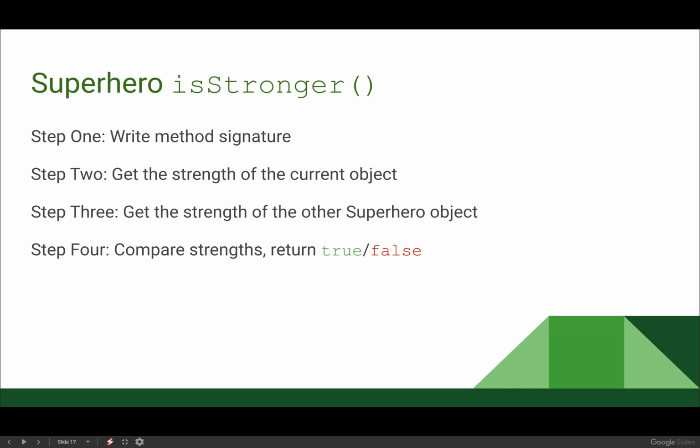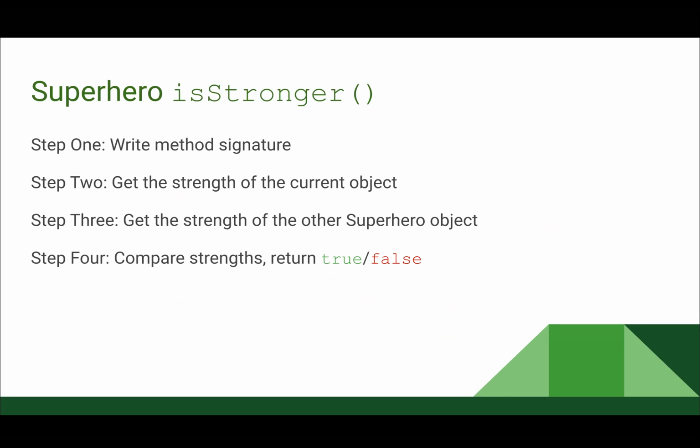So if we want to write our isStronger method, what will our signature look like? What type of value are we going to be returning from isStronger? A Boolean, correct. So we're going to have a public method. Our methods are usually going to be public.